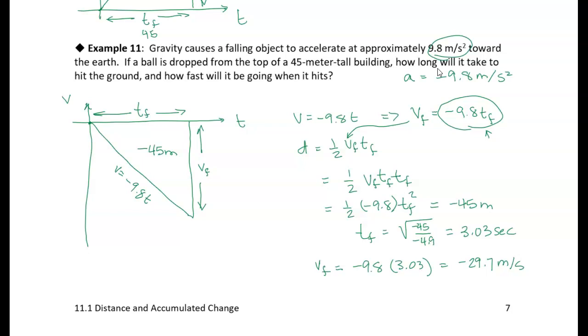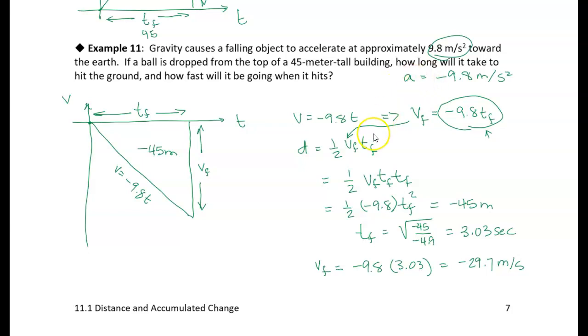Now notice it's negative because obviously it's traveling in the negative direction, because that's the way we set our frame of reference, that up is positive and down is negative. So it's a negative velocity because it's traveling in the downward direction.